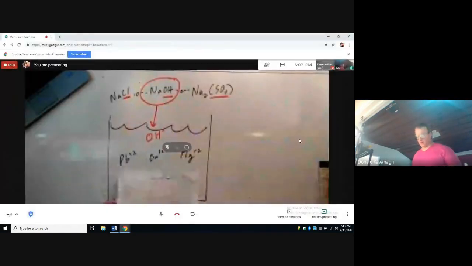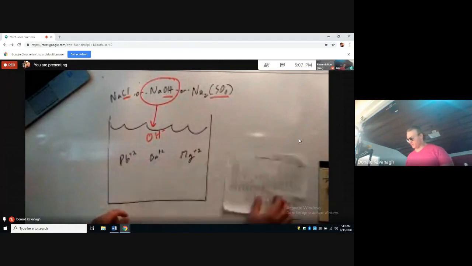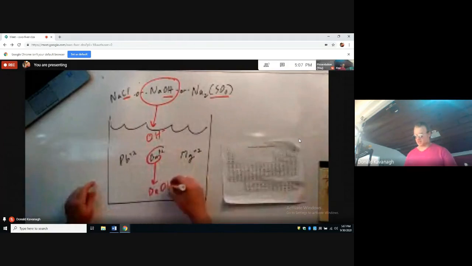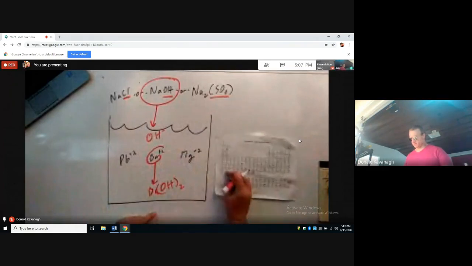If we look at our periodic table, that means that barium is below calcium, so that will precipitate out to barium hydroxide or crash out of solution because it is below calcium. Magnesium will stay in solution.